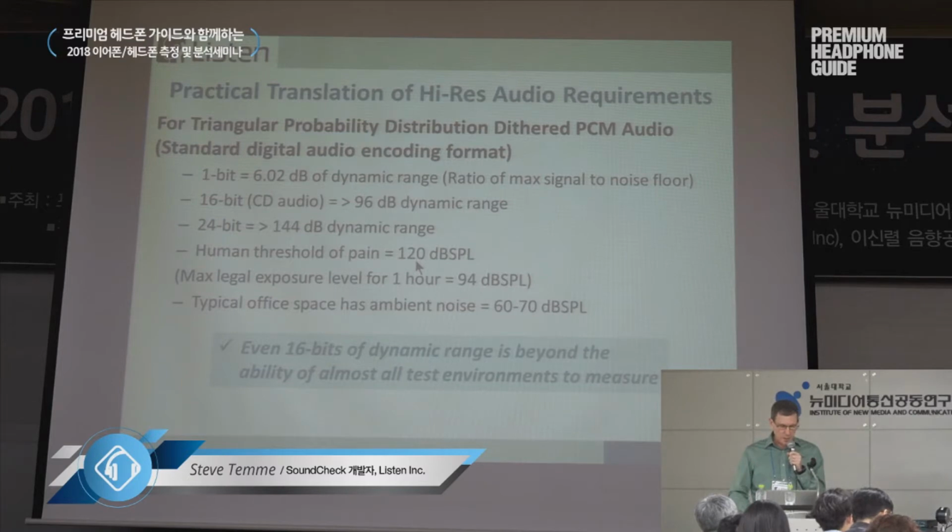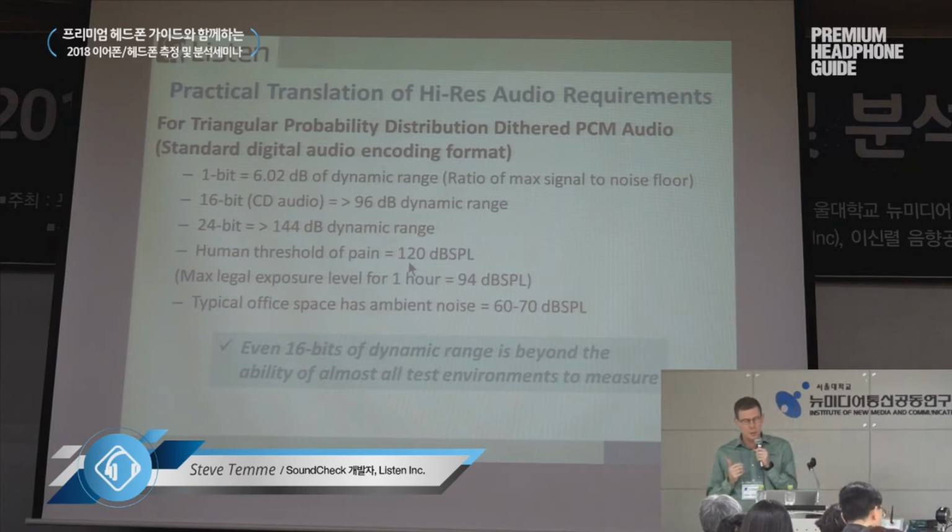But at the end of the day, even if we said 120 dB was as loud as humans can tolerate, and we subtract 96 dB from 120, we're approaching around 30 dB sound pressure level. And if we take a typical recording environment, it could be a very quiet concert hall, it's going to be at least 40 to 50 dB background noise.